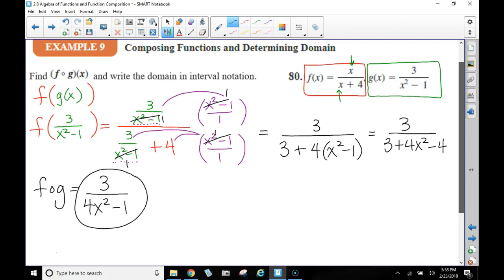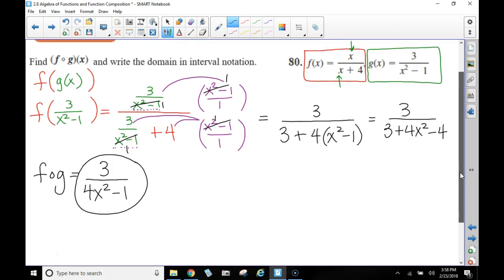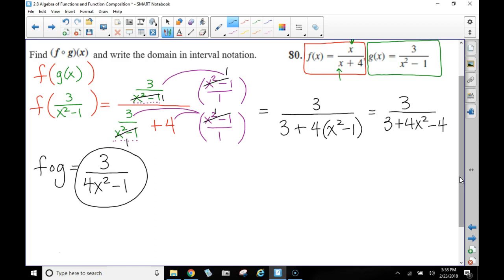There's f composition g. All right, so for the domain of this composition function, we are going to need to inspect the domain of the composition function itself, as well as the inner function, the g of x. Okay? So I'm worried about 0 in the denominator of those fractions. So I'm going to take the 4x squared minus 1 and see what values of x make it 0.